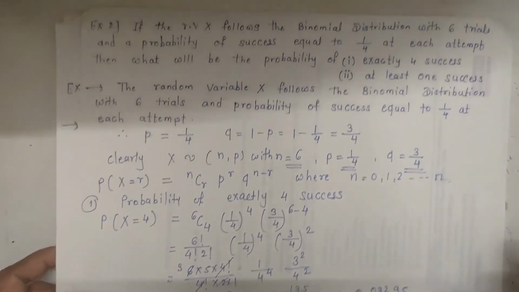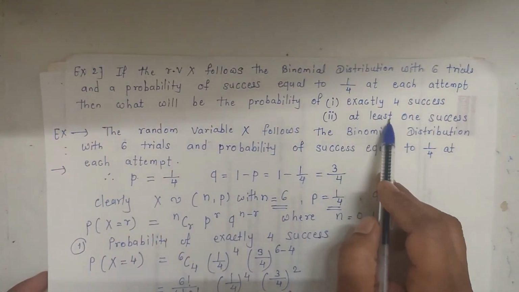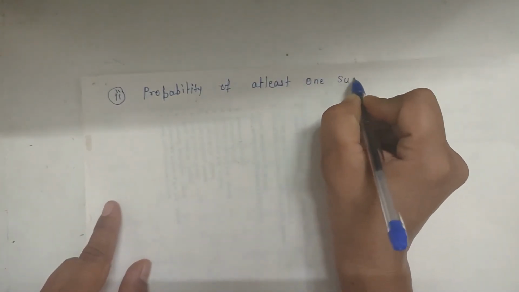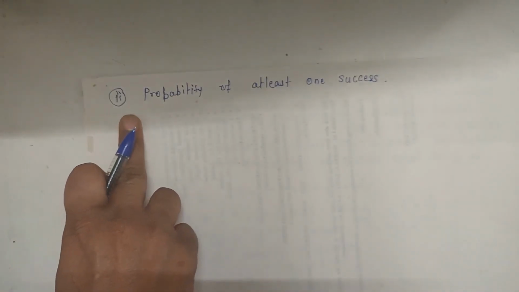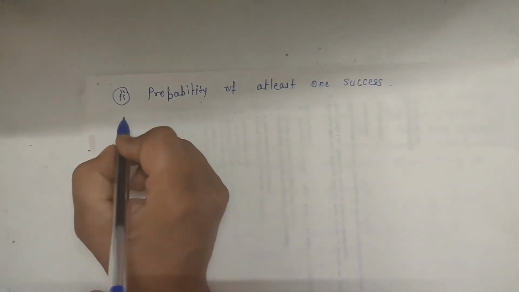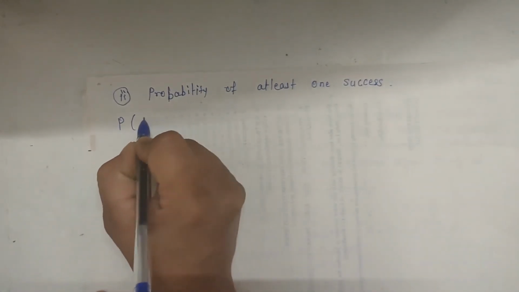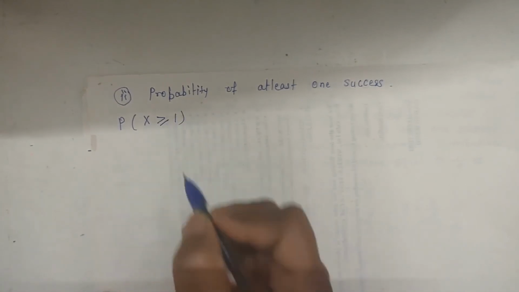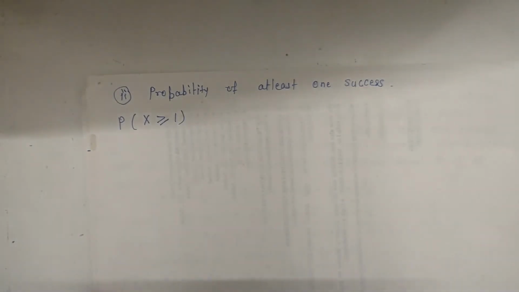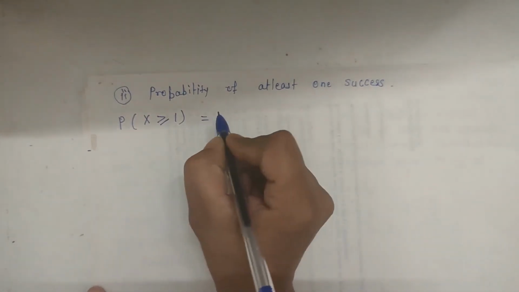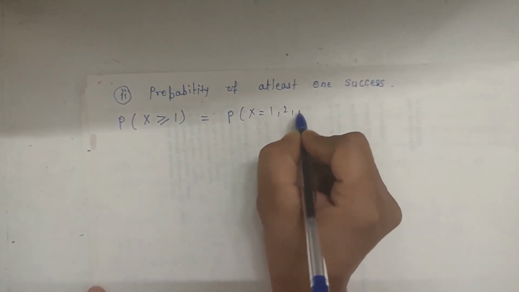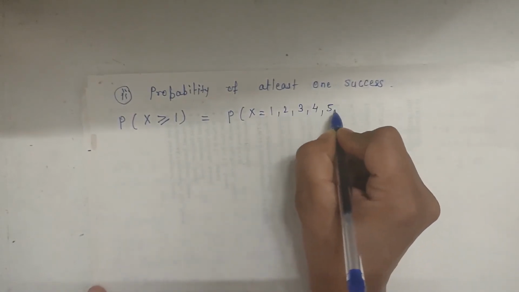Now the next probability is the probability of at least 1 success. This probability can be written as X greater than or equal to 1. This probability can be written as the probability for X is equal to 1, 2, 3, 4, 5 and 6.